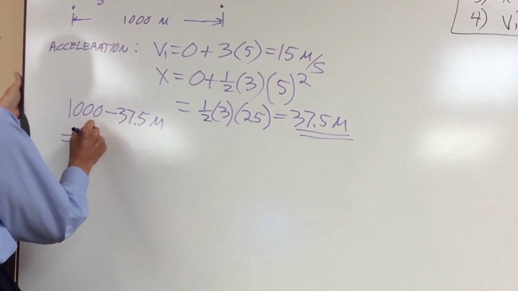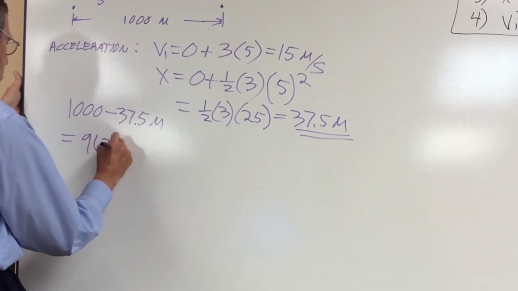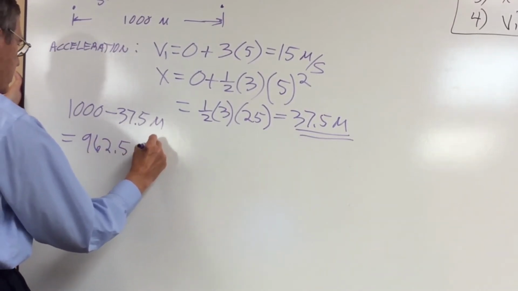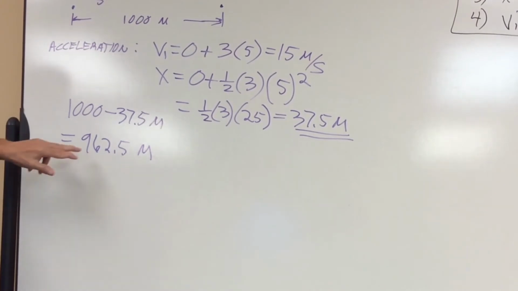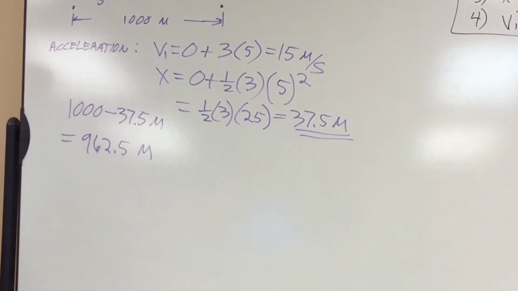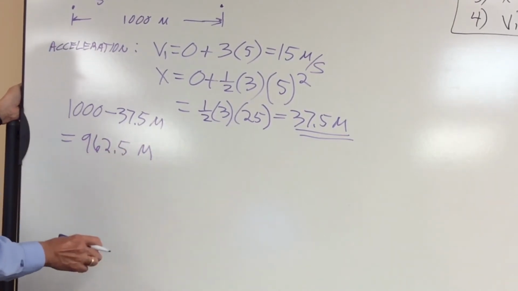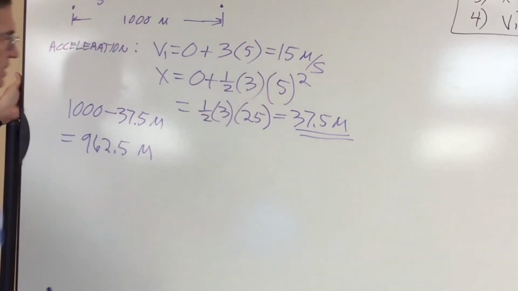So that's going to be 962.5 meters remaining. So if I add that to this, I will get that. Okay? Now, how long does it take us to travel this distance going at this velocity?